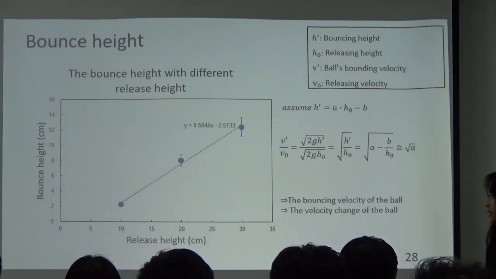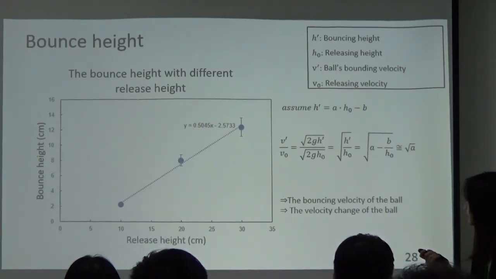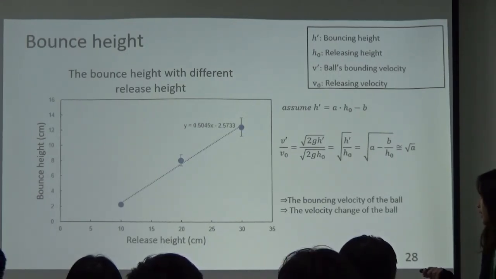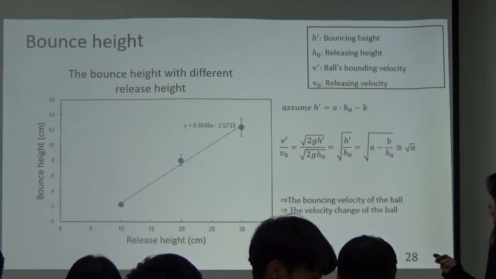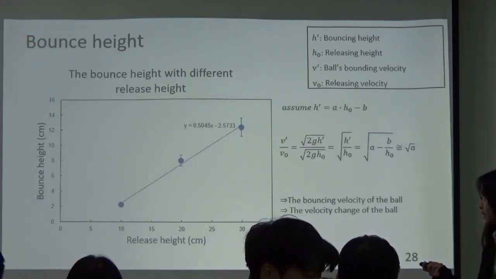And for the bounce height, we compare the bounce height and the releasing height to conclude the ratio of the ball's velocity and its bouncing velocity, so that we can measure the velocity change of the ball and calculate the airflow velocity.